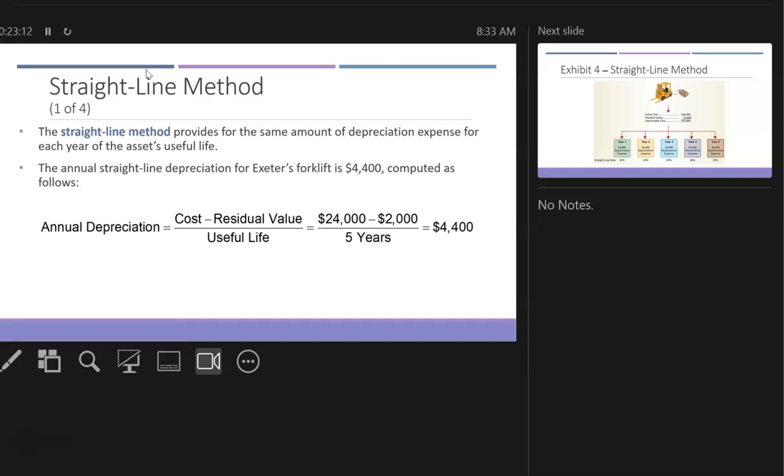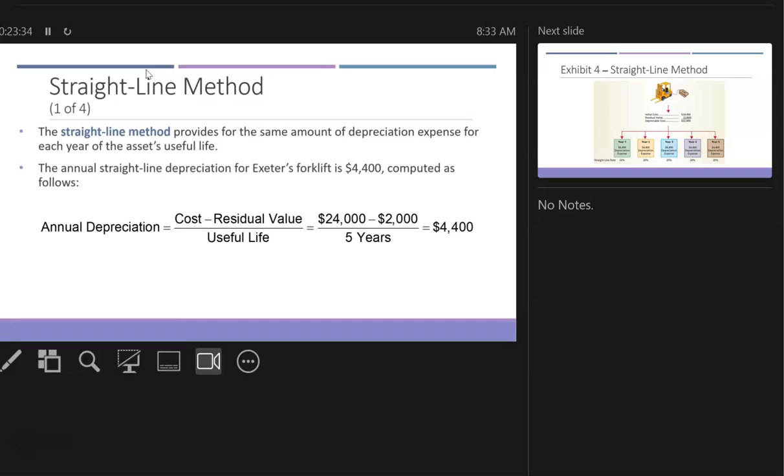So if the cost minus the residual value of an asset is $22,000, and we're saying its useful life is 5 years, we'll take $22,000 divided by 5 years, which averages $4,400 a year. And straight line is so easy.